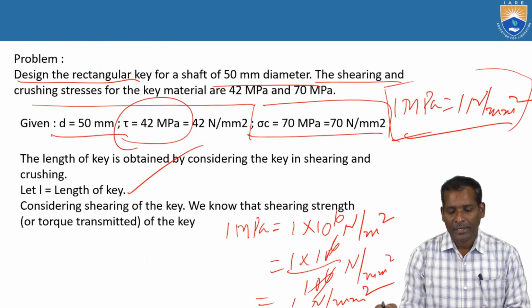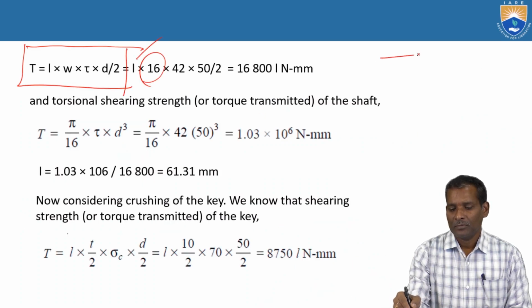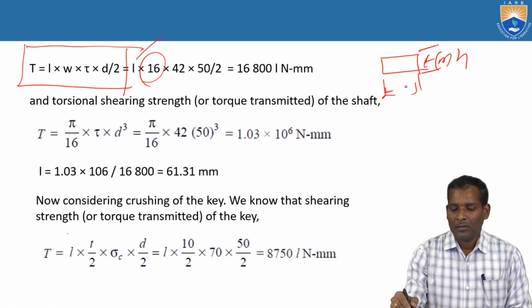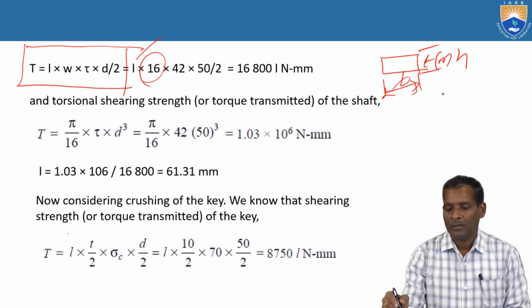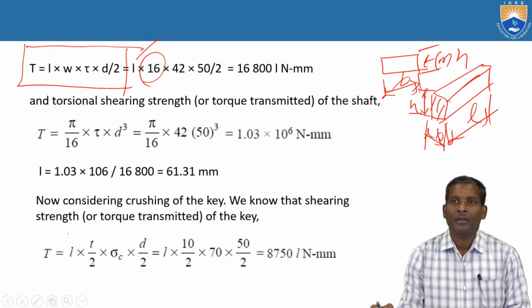How to calculate the dimensions for a rectangular key? For a rectangular key, like this, there is the length and the cross section, with dimensions b and h or t.